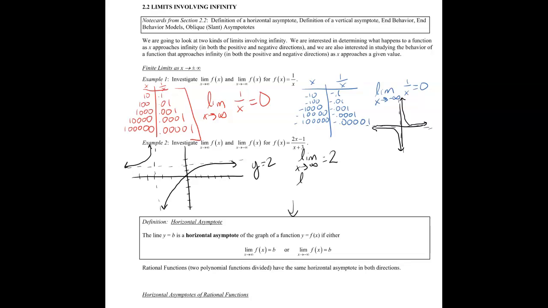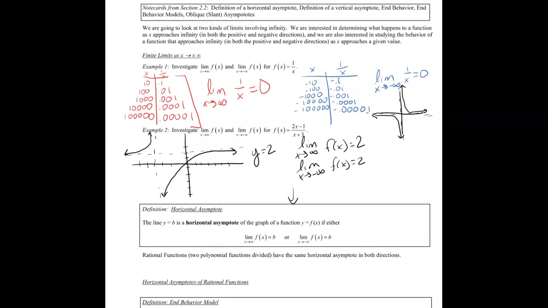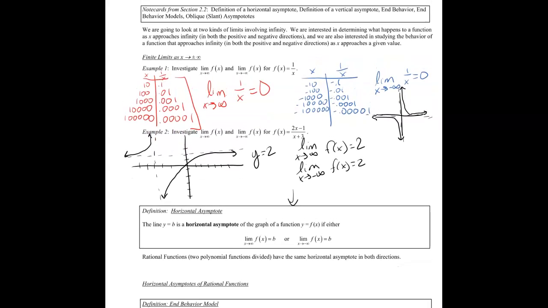And the limit as x goes to negative infinity of f(x) also equals 2. Alright. So that's example 1 and example 2.